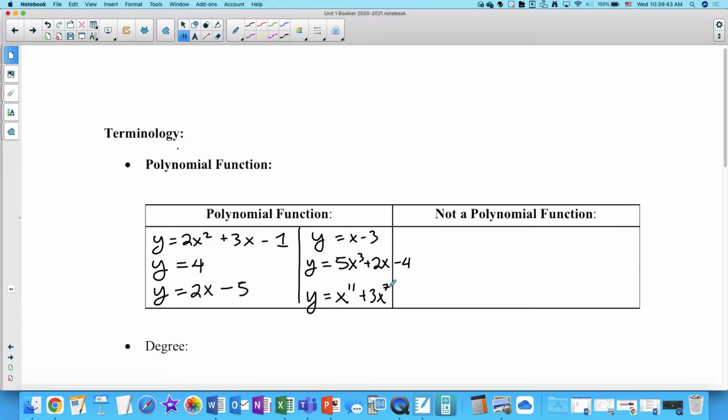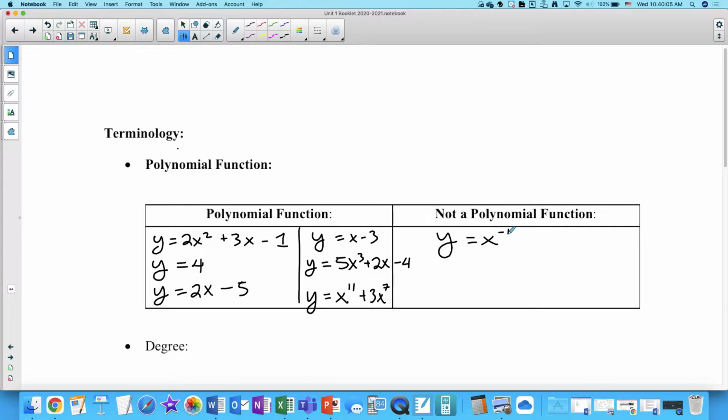Okay. All right, now let's talk about what isn't a polynomial function. So maybe Google non-polynomial functions. Yes, or you have one? A negative exponent, or anything. Yes, so y equals x to the negative 1, right?